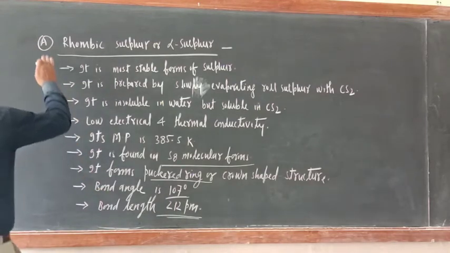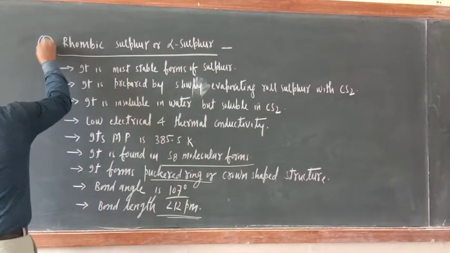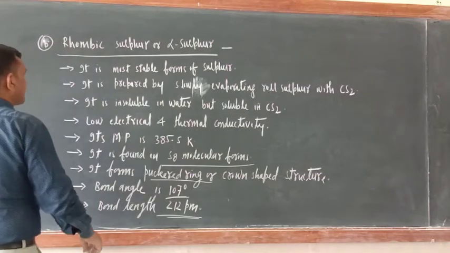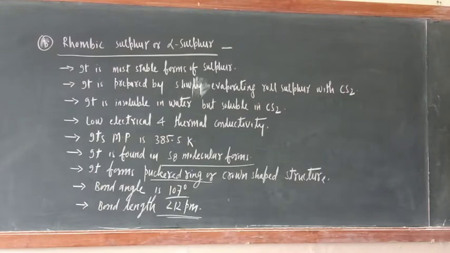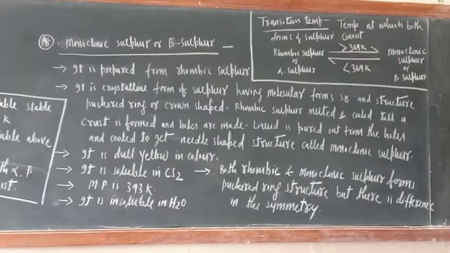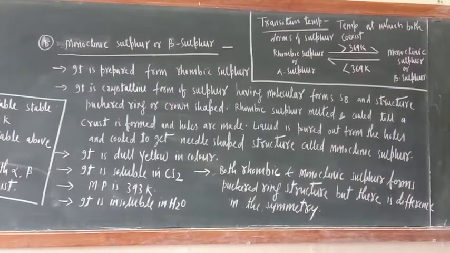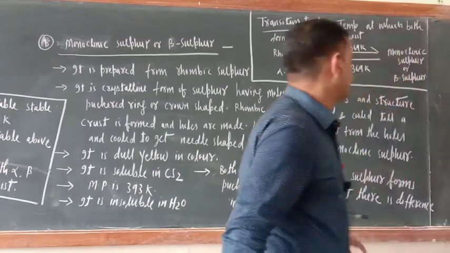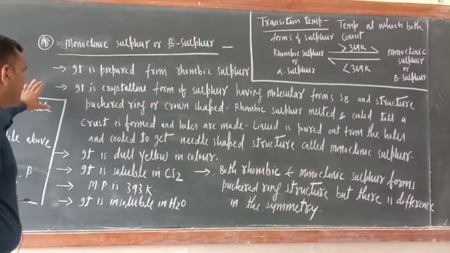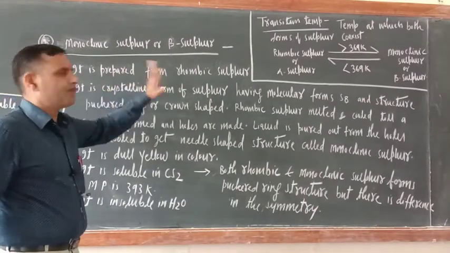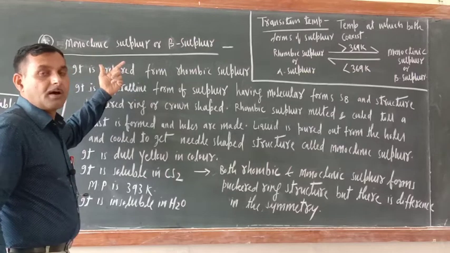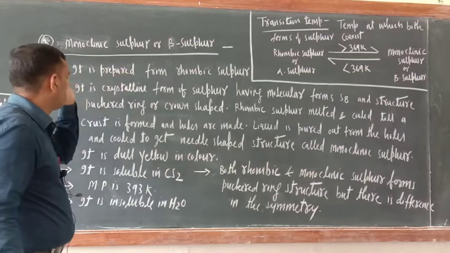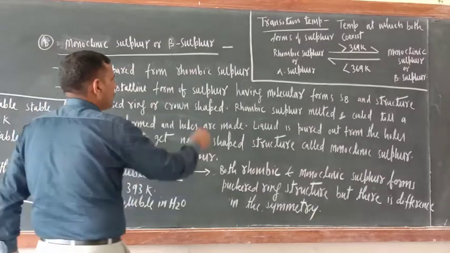The next one is beta, monoclinic sulfur. Monoclinic sulfur or beta sulfur is prepared from rhombic sulfur. Alpha sulfur was prepared from raw sulfur with the help of CS2, and this is prepared from rhombic sulfur.